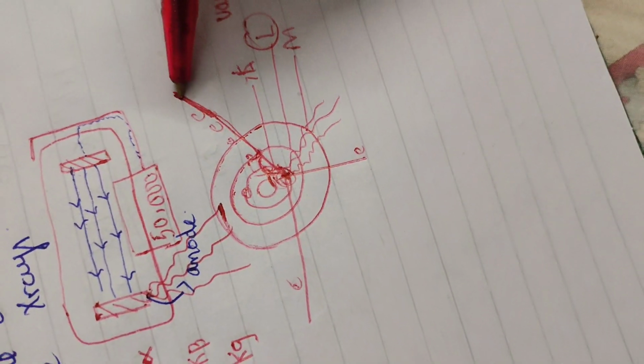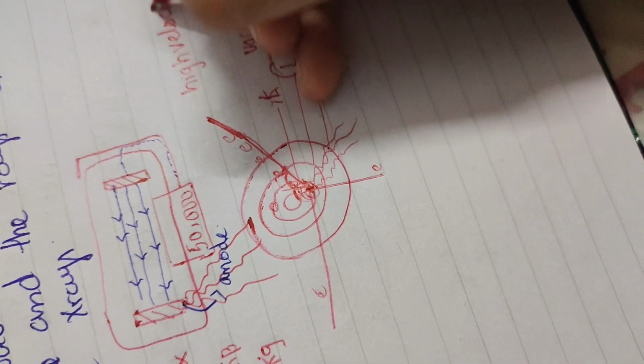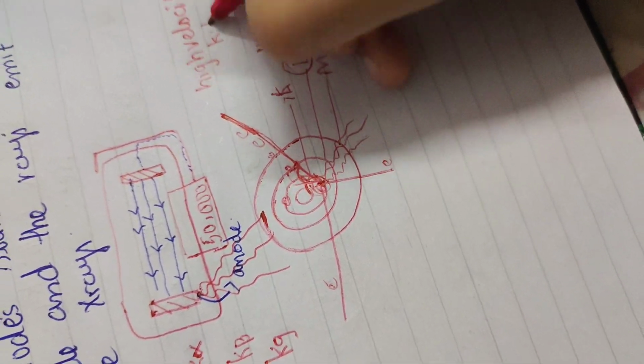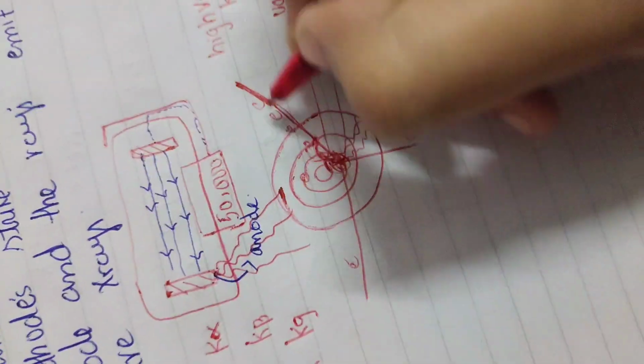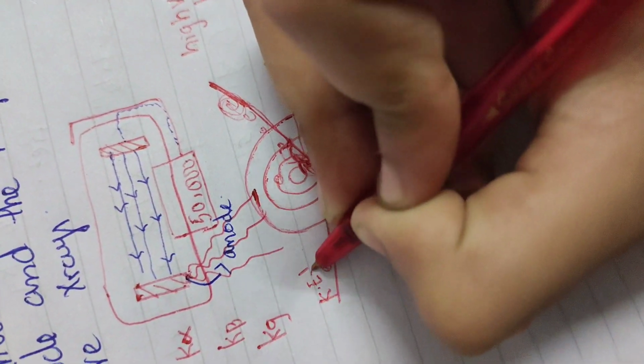High speed, high velocity, high kinetic energy electrons strike, and the kinetic energy of the struck electron would be low.